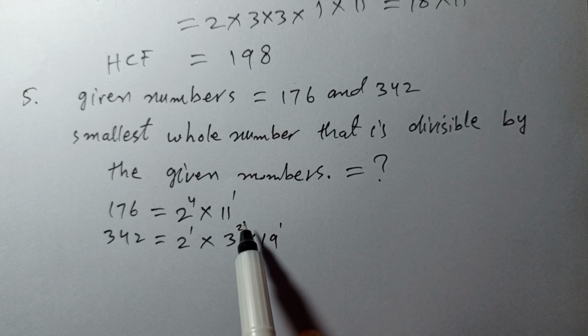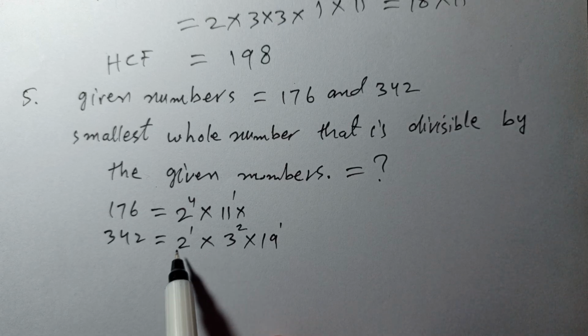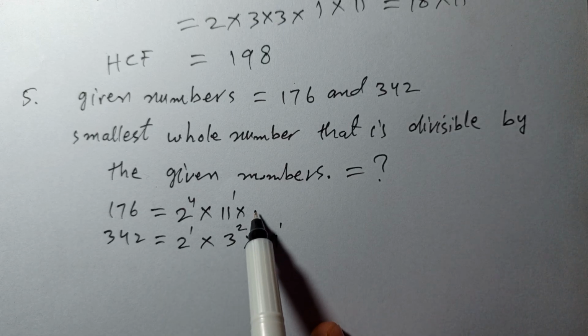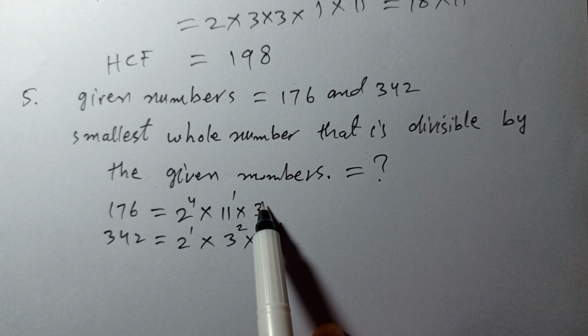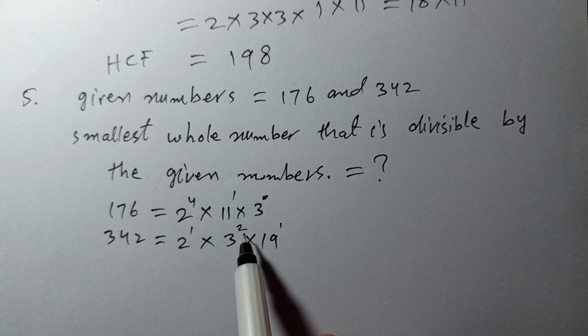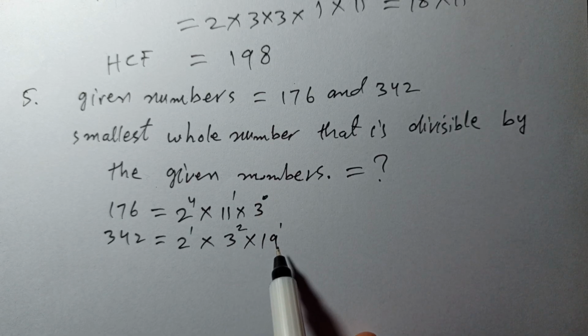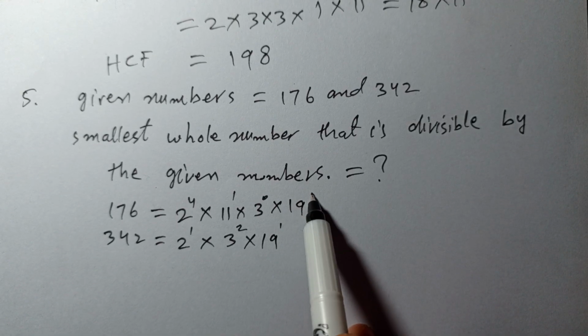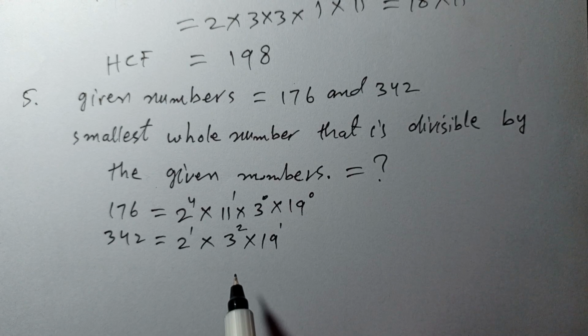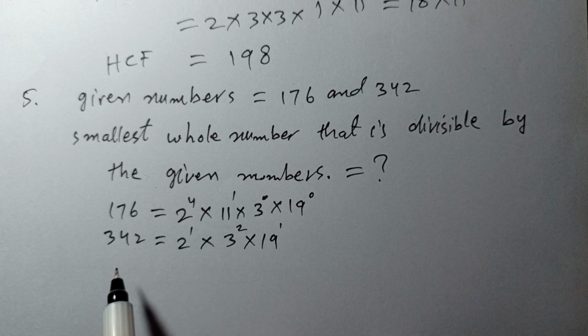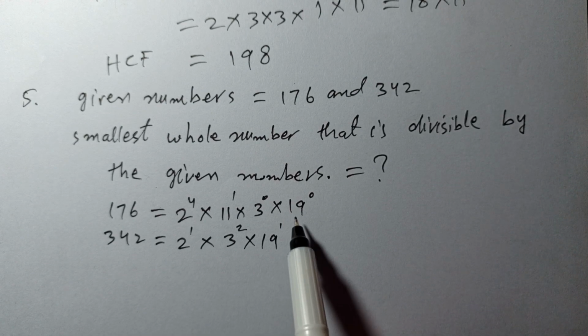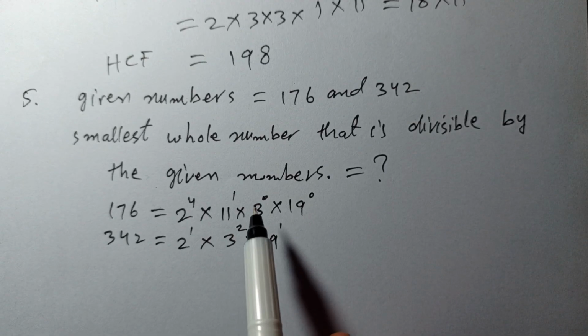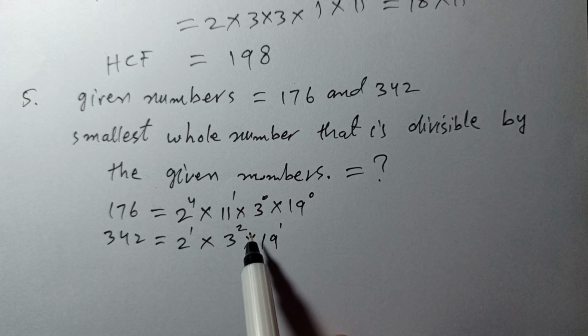It means that here you can write 3 raised to power 2 as 3 raised to power 2, and 19 raised to power 1 here will be 19 raised to power 1 along with 19 raised to power 0. Now we have an equivalent number in both of these numbers, because 19 raised to power 0 is equal to 1 and 3 raised to power 0 is also equal to 1.